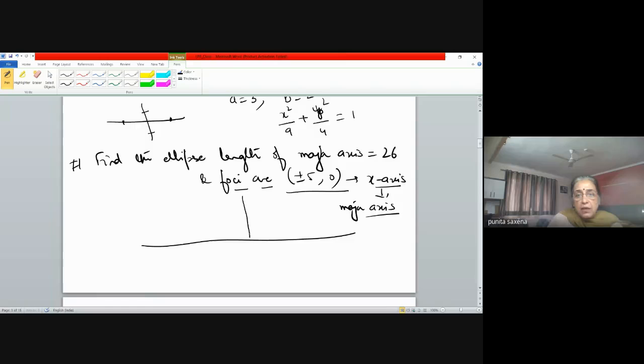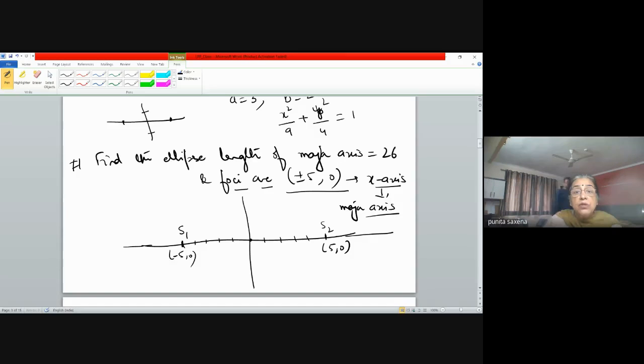We haven't found b yet, and nothing has been given about the minor axis, but we have to use it somewhere, right? So that means 5 units here and 5 units here. This point is going to be 5, 0 and this point is going to be minus 5, 0. So basically this is my S1 and this is my S2. These are the two foci, right?